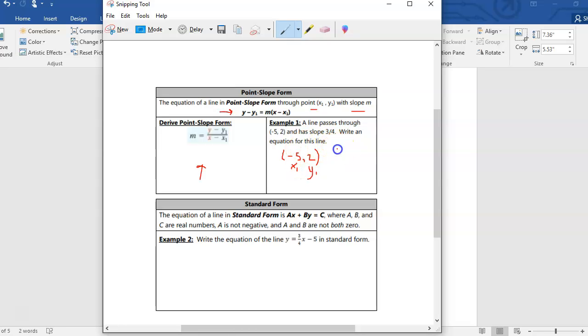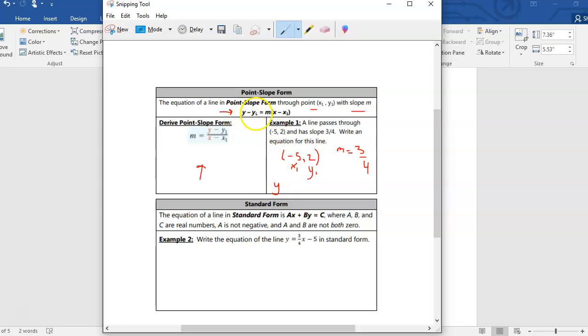They also give me the slope m equals 3/4. So once I have this slope and a point, I can put this in point slope form. This is a very, very important formula. When you get into college, if you intend on taking calculus, you'll use this a lot.